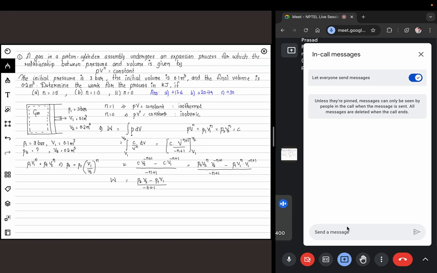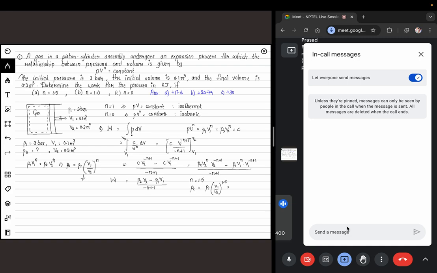Now if you want to use the same formula for this particular problem, the n value is also given. For the first scenario n is 1.5, so I can solve this if I can calculate P2. P2 is given by this equation. So for case A, what is the value of P2? P2 is P1 times V1 by V2 whole to the power 1.5.